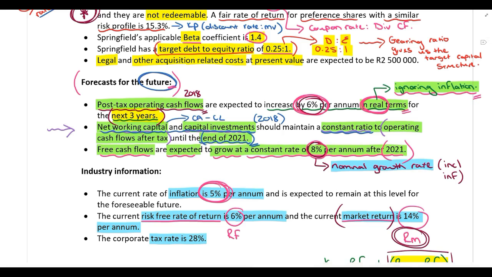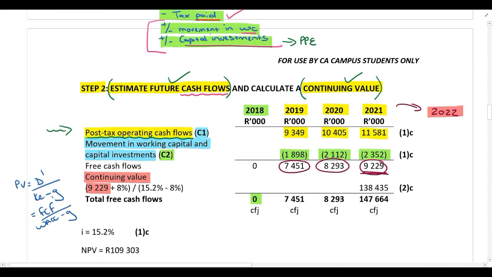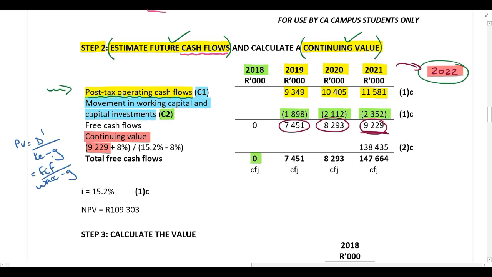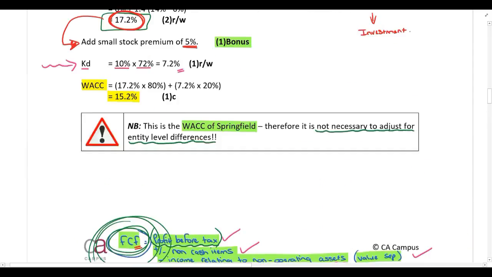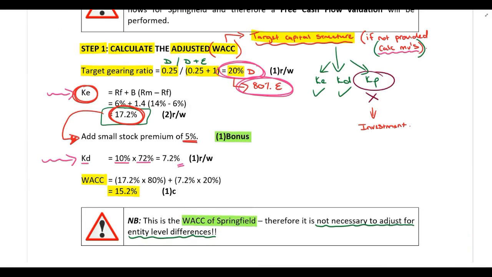All right, so we can easily calculate the free cash flow that we expect to have for 2022, because after 2021, free cash flows are going to grow at a constant rate of 8% per annum. So you just increase that by 8%. That gives you the free cash flow in 2022. We then divide by the WACC. If you go back to step 1, we calculated the WACC to be 15.2%.